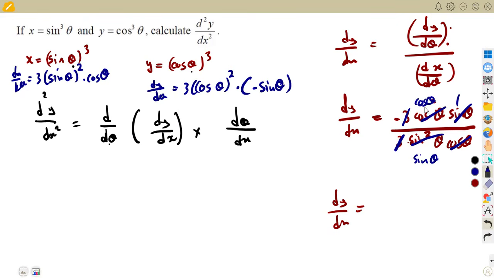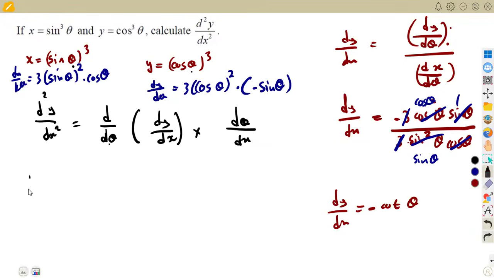So it's negative cos theta over sine theta. So cos over sine, that's a cot. All right? So it's going to be negative cot theta. So this is what we want.